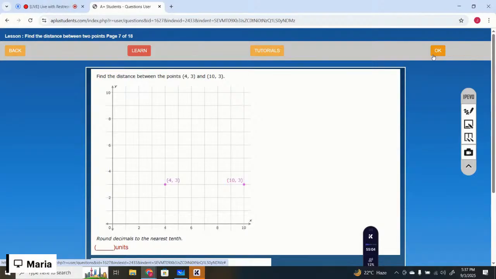Find the distance between the points 4, 3 and 10, 3. That is 6.